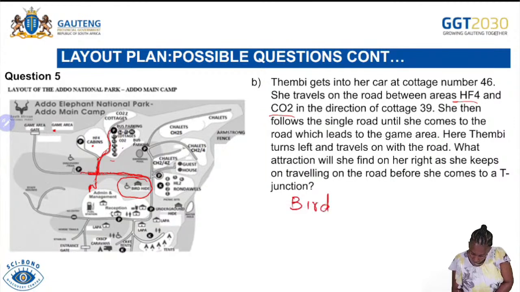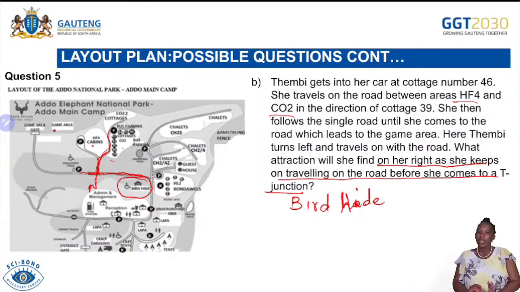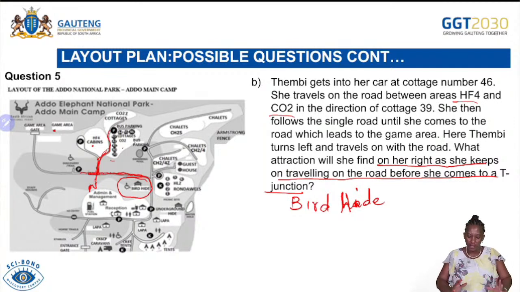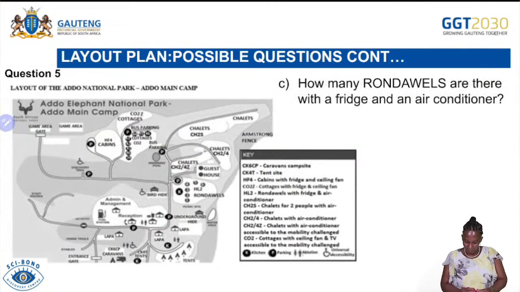But if you have a map there, it says it is a bird hide. She'll be able to see a bird hide on her right hand side as she keeps on traveling to the junction. So boys and girls, remember in the exam you will be given a full page of this layout, so you'll be able to exactly identify what is required.